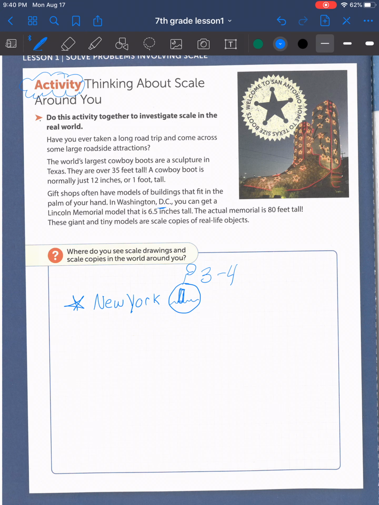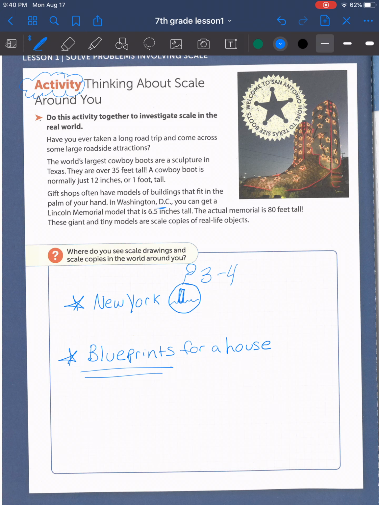Another thing that I've seen are blueprints for a house. Now, if you're in the contracting business or a construction worker, blueprints are super, super important, because if they're not to scale, then everything else is going to get messed up while you're building.